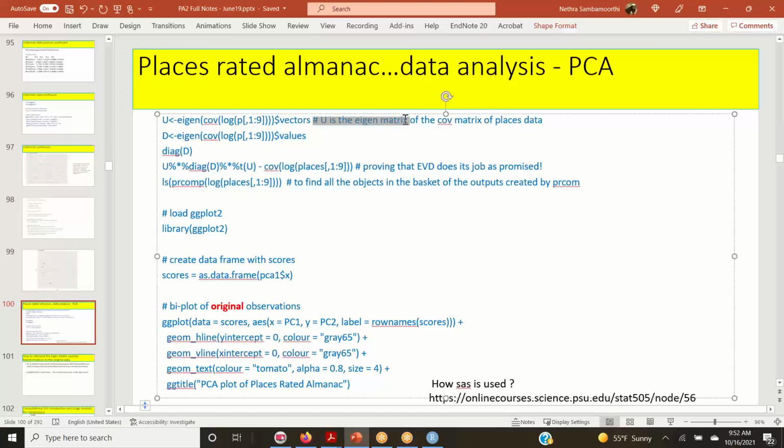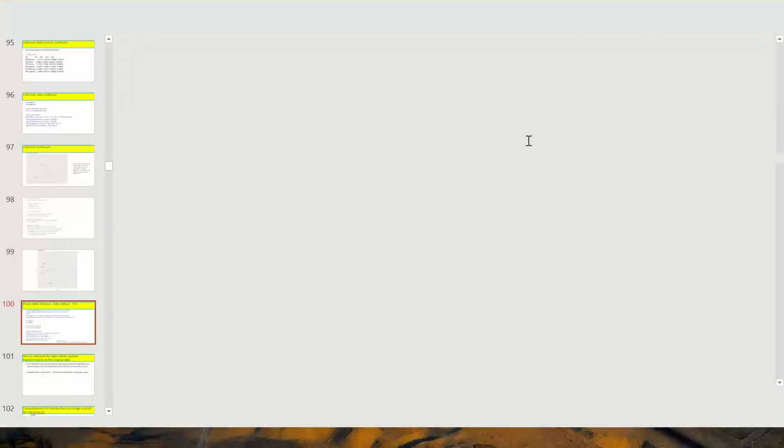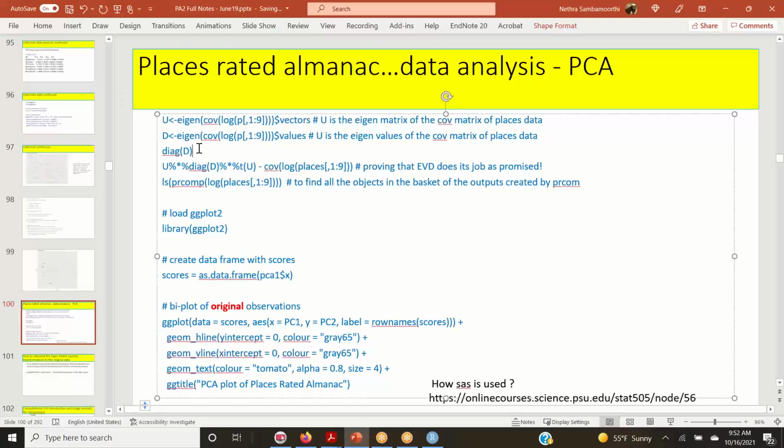So let me write it if you want. D is the eigenvalues only. It's not a matrix. Just the values of the covariance matrix of places data. And here I'm basically diagonalizing it. I'm creating a diagonal matrix out of eigenvalues.